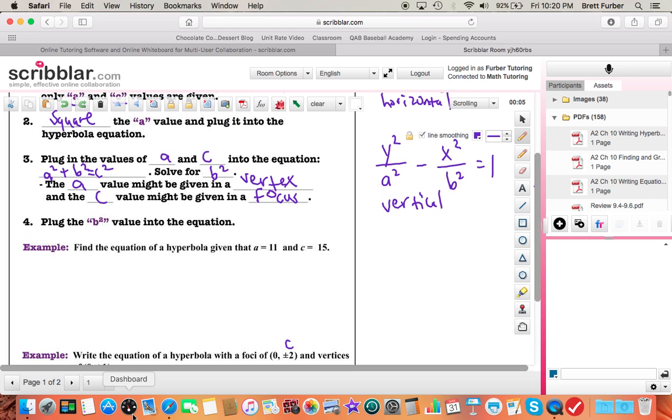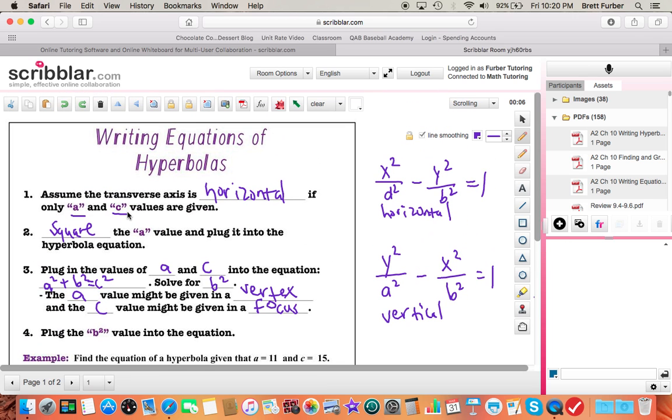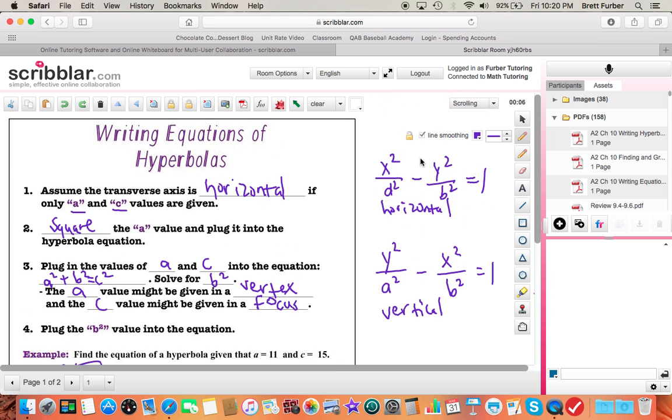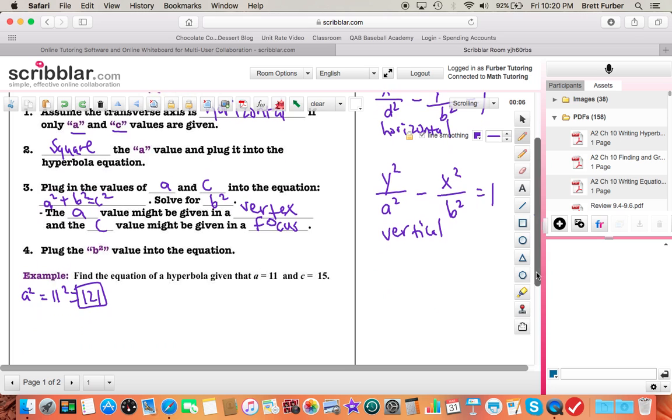First example says find the equation of a hyperbola given that a equals 11 and c equals 15. We're told that if it's just an a and c value given, we're going to assume it's a horizontal axis, so we're going to use this equation. a squared is found by doing 11 squared, so that's 121. I'm going to put that into the formula right here underneath the x squared. Now the c value doesn't really do us any good other than that we're going to use it to find the b squared value.